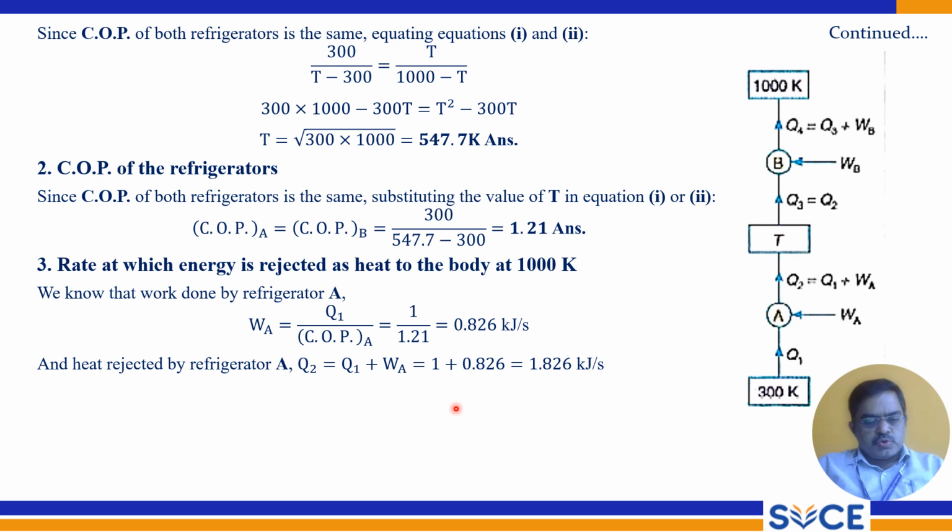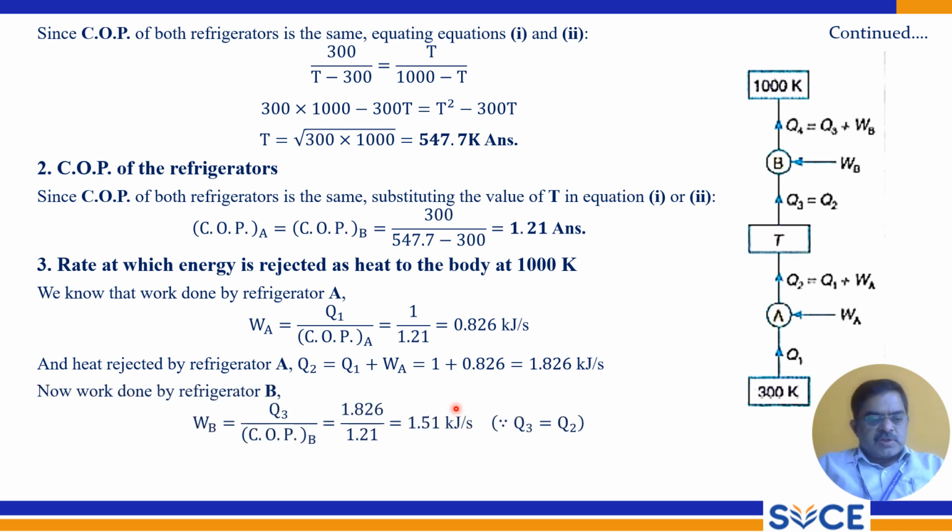So that becomes Q2. Now the work done by refrigerator B equals Q3 divided by COP of B, equal to 1.826 divided by 1.21, so that is equal to 1.51. Q3 equal to Q2, so 1.826 is substituted.